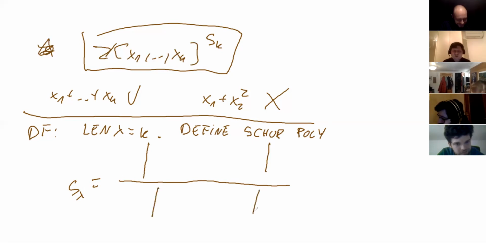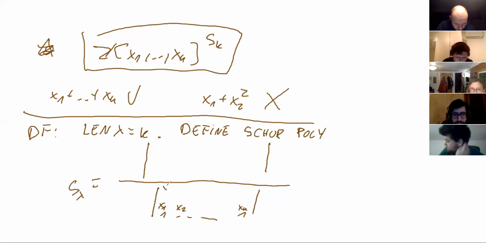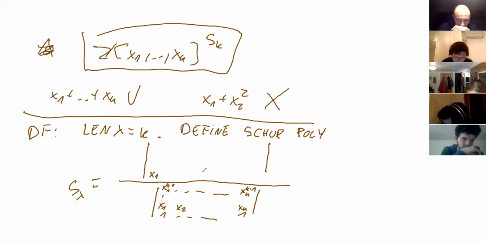In the denominator, we just have the Vandermonde determinant: the rows 1, 1, 1, then x1, x2 up to xk, and so on up to x1 to k minus 1 up to xk to k minus 1. In the numerator, I have pretty much the same, but I shift powers according to lambda i. This one is really x1 to 0; before I had x1 up to xk to 0, now I put them to lambda k.